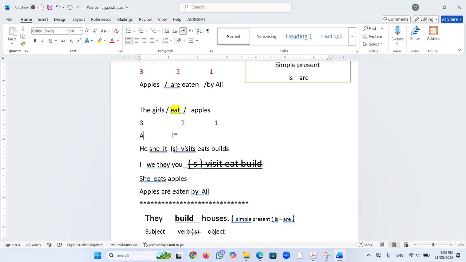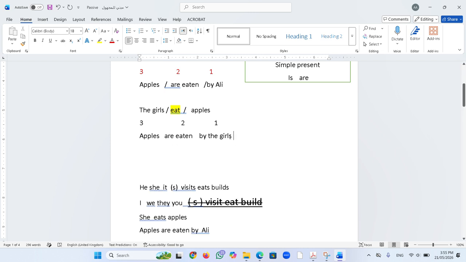We will add apples, which is the object, and it is a plural. So what do we add? We will add are. Why? Because apples is a plural. Are eaten by whom? By the girls. See? Look here.